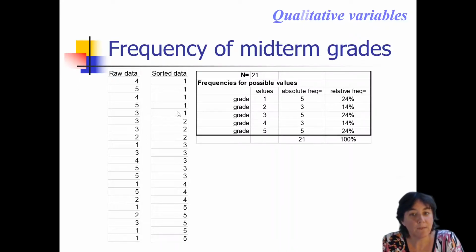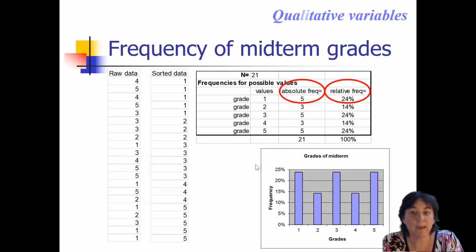So once we have the sorted data, we can calculate simply by counting. Okay, I have 1, 2, 3, 4, 5 ones, absolute frequency, which is 24% of the 21 total grades.